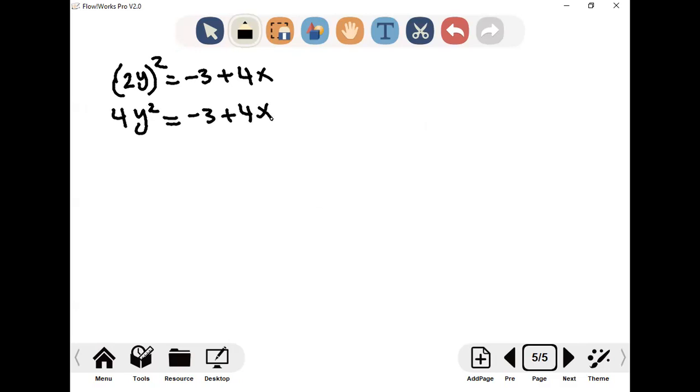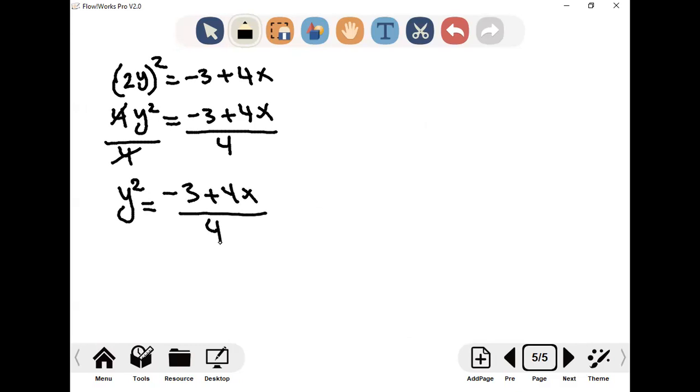I don't want this 4. I will divide on 4 both sides. Still y power 2 equal negative 3 plus 4x over 4. Non-linear. هو non-linear. None ولا square ولا quadratic ولا أي نوع حطيناه بالتيبل.